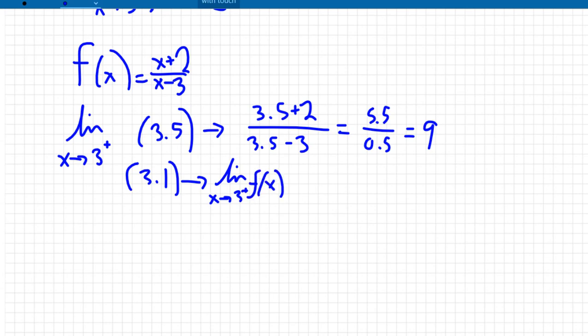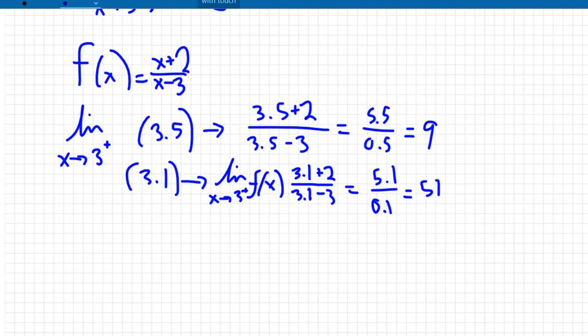F of x would be 3.1 plus 2 over 3.1 minus 3. Go ahead and simplify this out. We get 5.1 over 0.1, and multiply that numerator by 10 to get a whole number. We get 51.